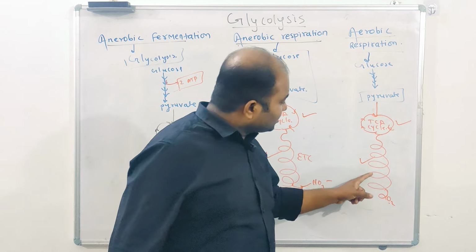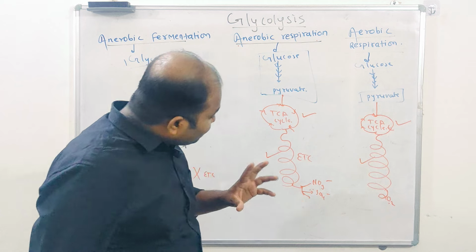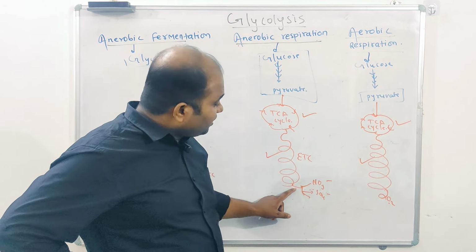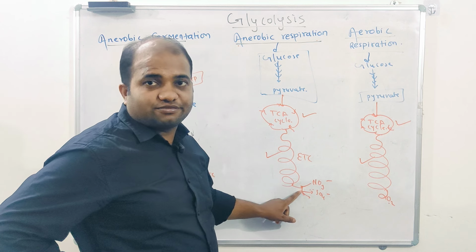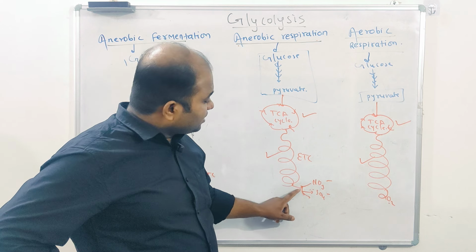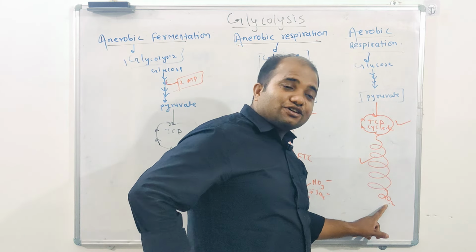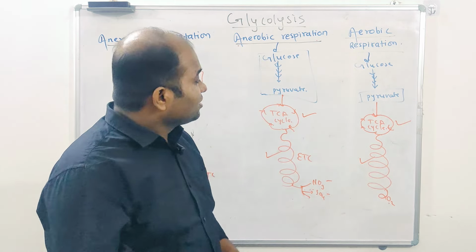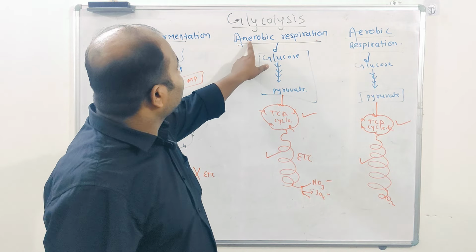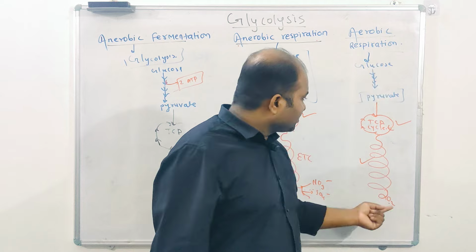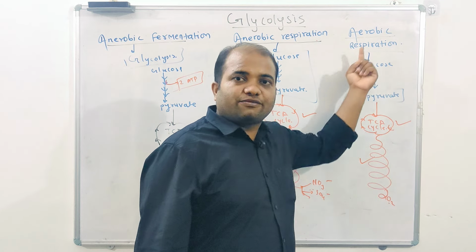Here also TCA and ETC are present. But the major difference is the final receptor of electron here is not oxygen, but here the final receptor is oxygen. So based on the final receptors, the terms anaerobic and aerobic have been given. And this is the most developed metabolic pathway.